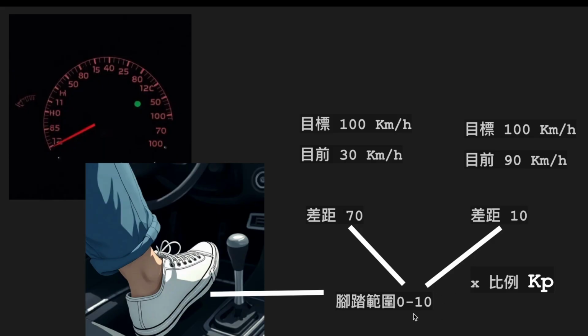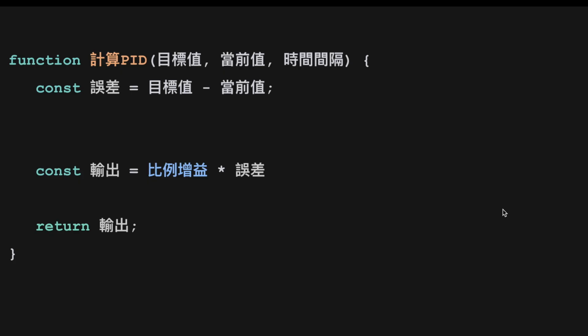That fits the range pretty well, right? This is the proportional principle. When the gap is large, we press more. When the gap is small, we press less. Pretty simple, right? That's the proportional controller, just a subtraction and then a multiplication, and you're done.